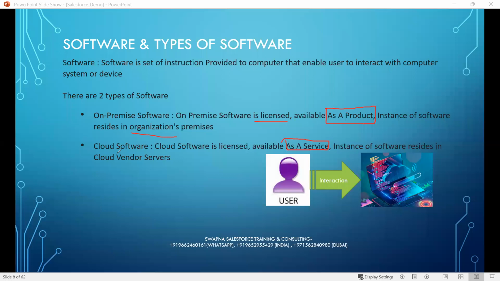The instance of the software resides with the cloud vendor. If you observe here, on-premise is a product and cloud software is a service. Now let's see how the installation is done on on-premise and how it is done in cloud software.